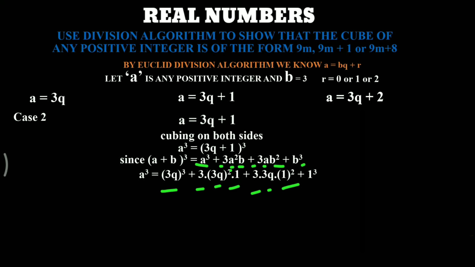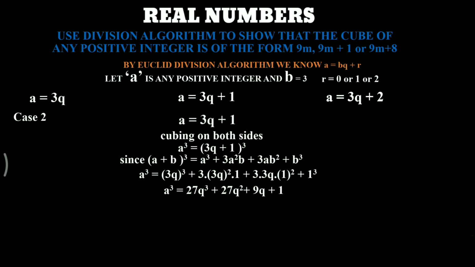And the final one is second term cube. So by using the formula I expanded. If you simplify, you will get 3q whole cube as 27q cube. Here 3 square is 9, so 9 into 3 will become 27q square. Then 3 multiplied by 3 will become 9q. And 1 cube is equal to 1.